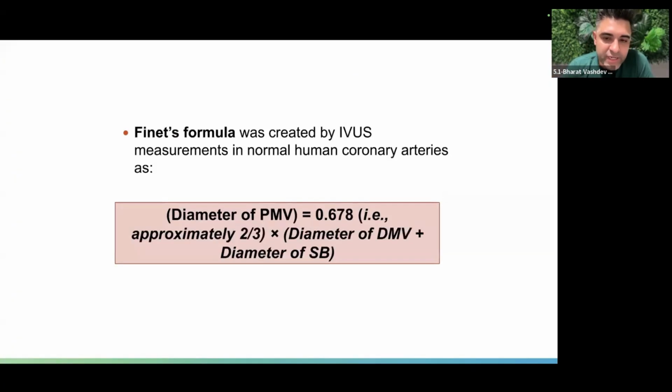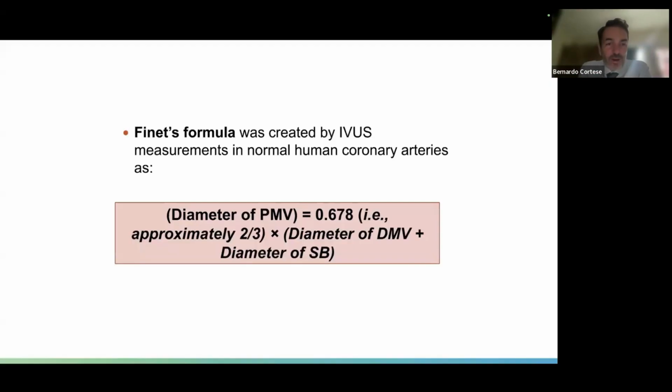And Finet described how to measure these vessels using IVUS. We all know Finet's formula, where the diameter of the parent main vessel is 0.68, or about 2/3, multiplied by the diameter of the daughter main vessel plus the diameter of the side branch. And this is how we decide.